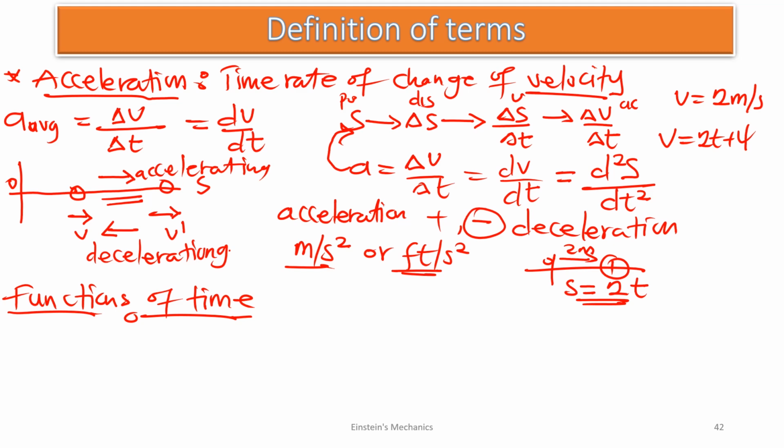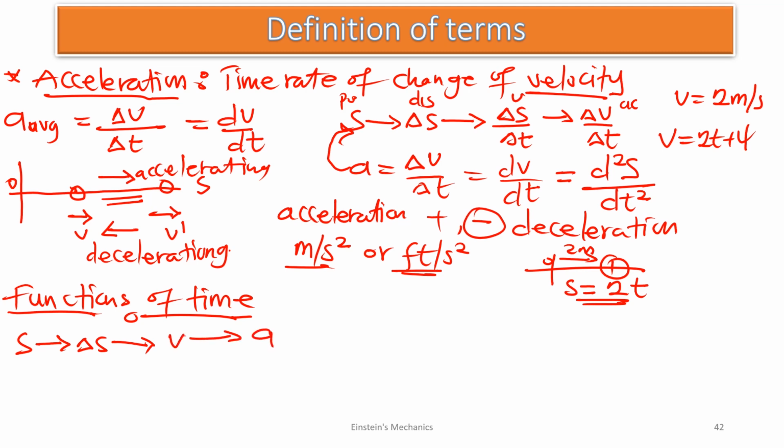So what if we have a function of the parameters? Now, if we have functions, then we are going to look at it this way. Always we know it goes from position to change in position, that is displacement, to change in that, that is velocity, to our acceleration.